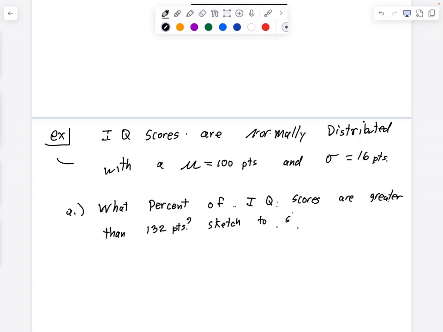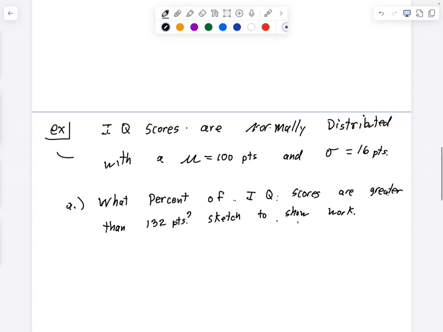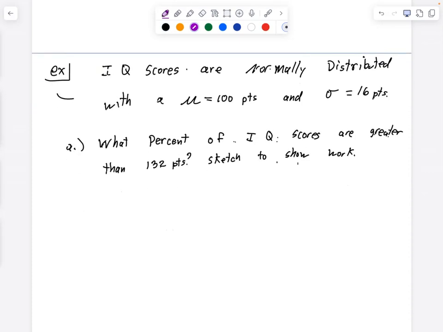All right, last question for you today. B. What percent of IQ scores are between 84 and 148?